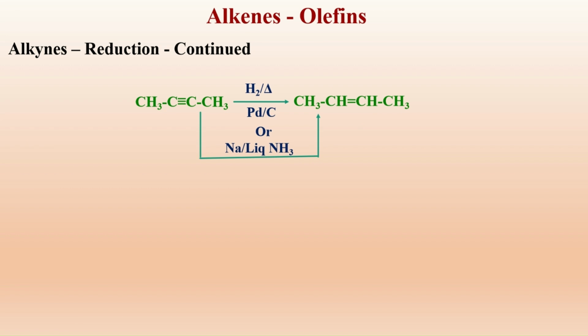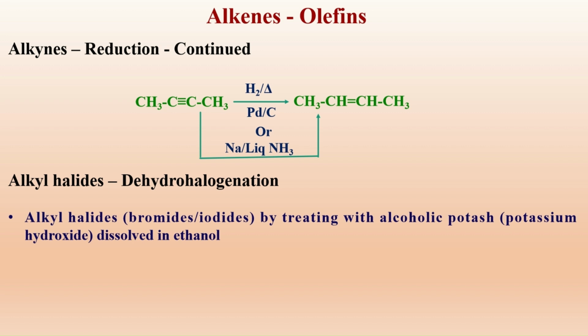Another method of obtaining alkenes is dehydrohalogenation of alkyl halides. We can take an alkyl halide. This alkyl halide may be alkyl bromide or alkyl iodide.